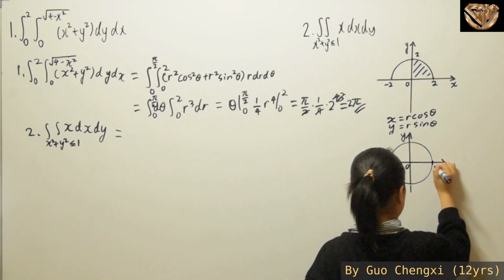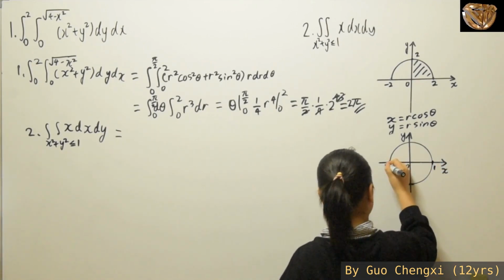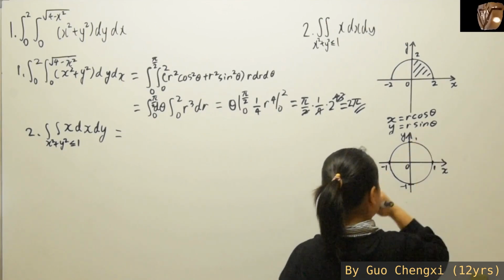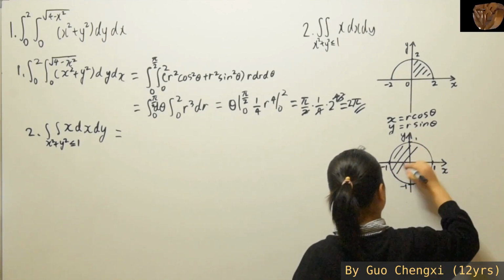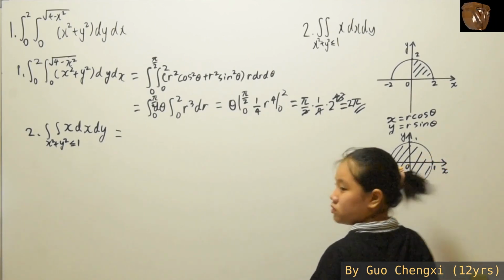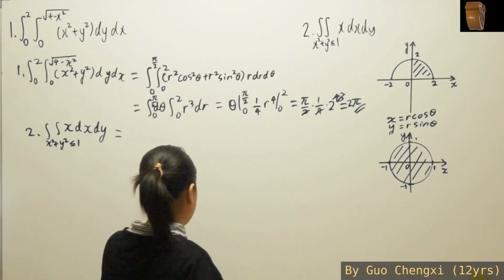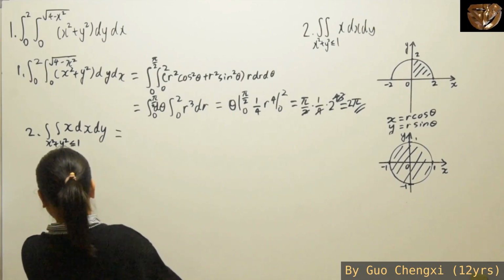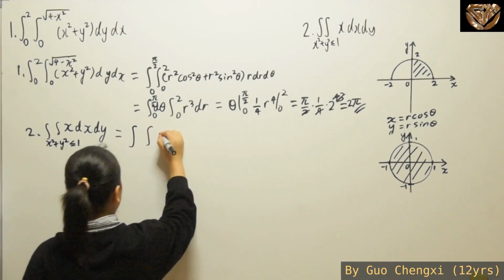So over here we have 1, negative 1, negative 1, and 1. So the area bounded will just become this whole circle.